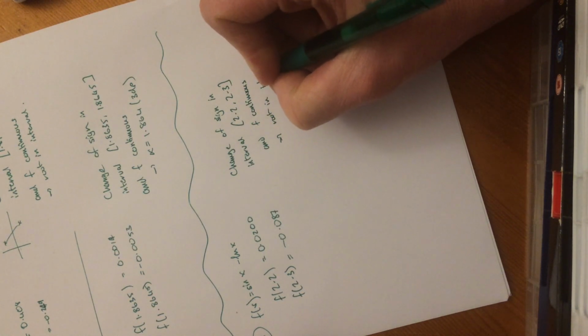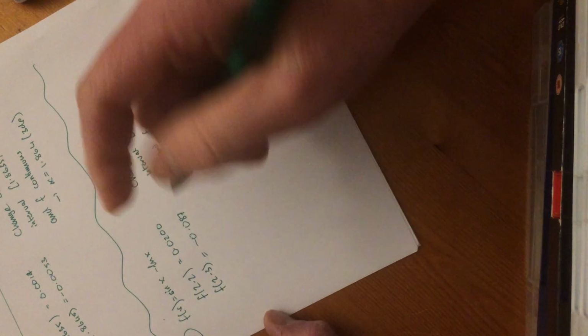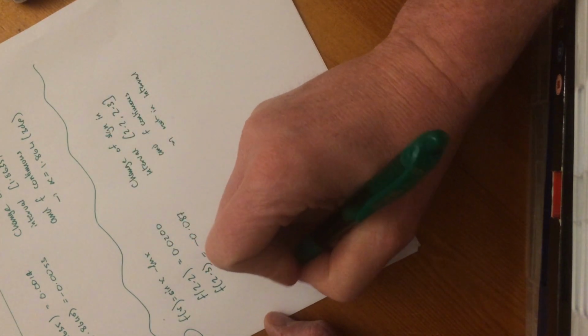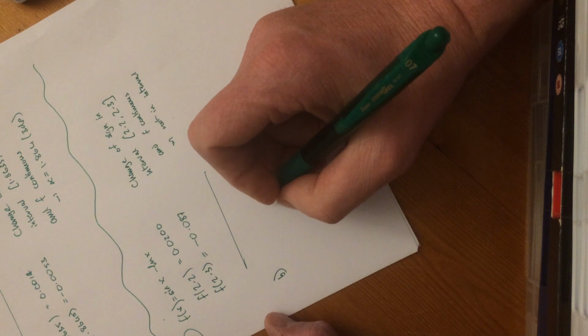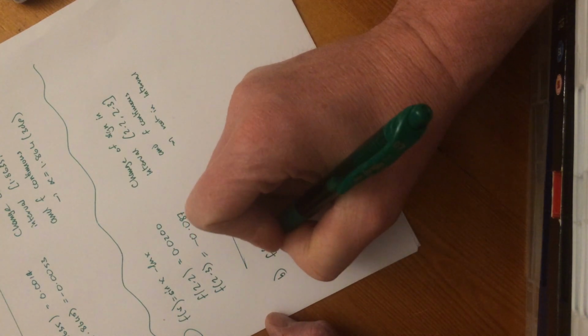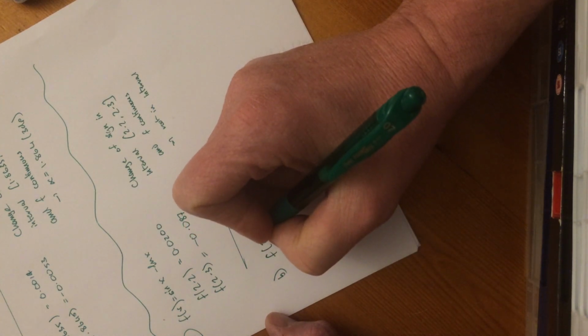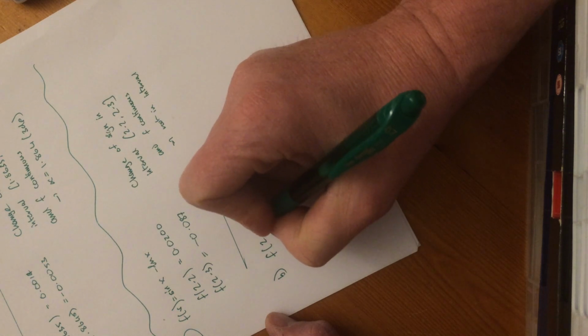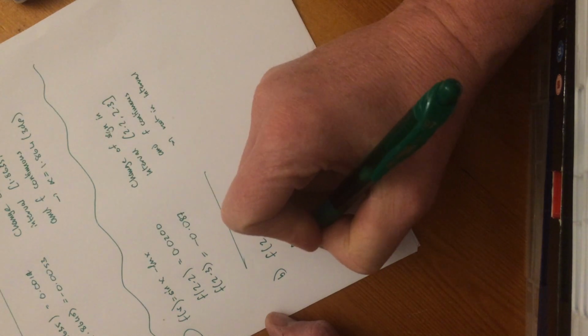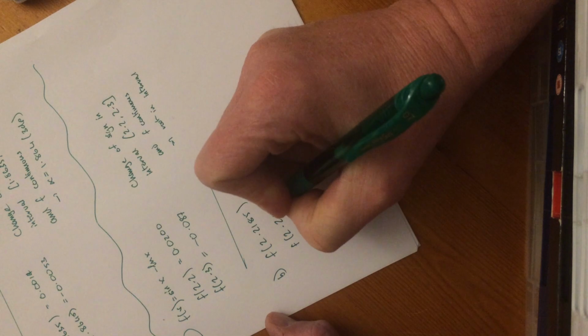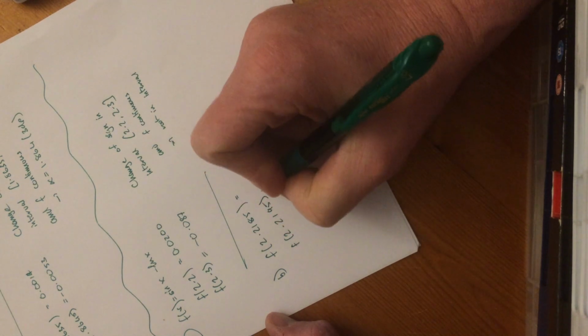Right, and let's do the same again for part B, 2.219. We want to work out f of 2.219, so 2.2185 and 2.2195. Let's work them out and hopefully see a change of sign.